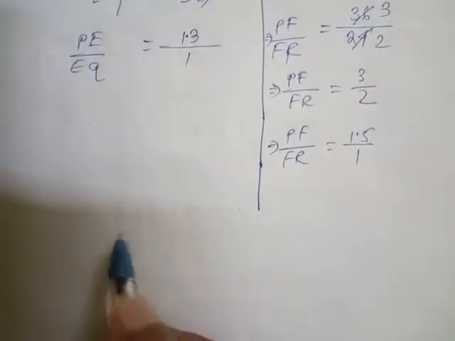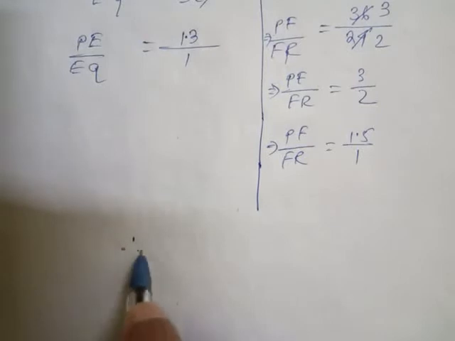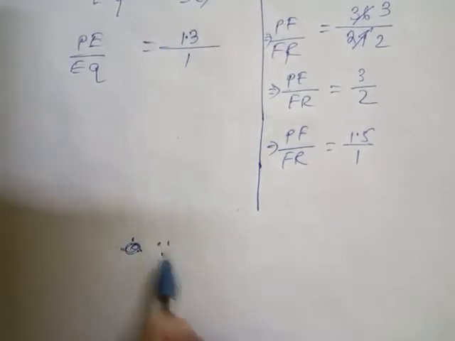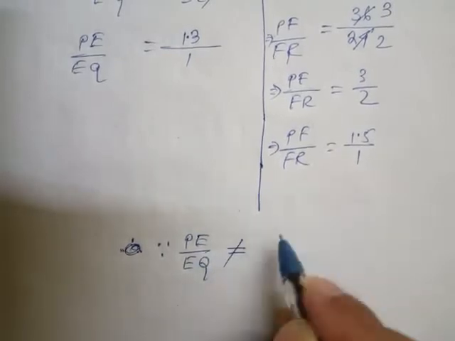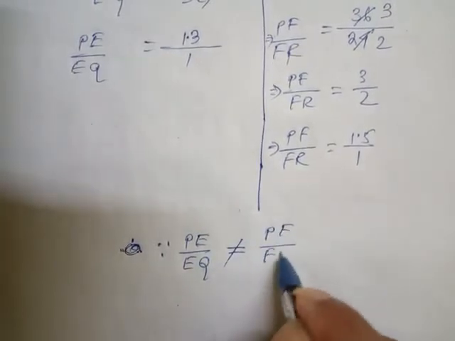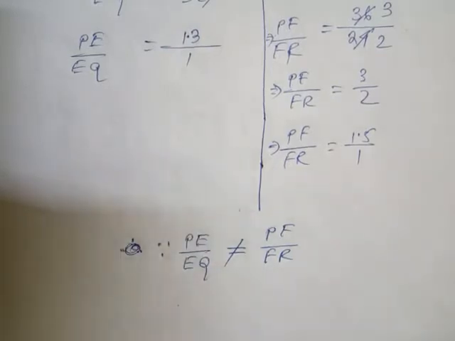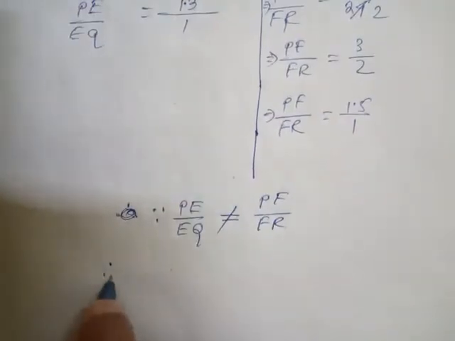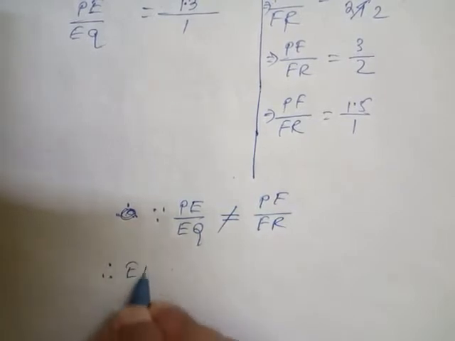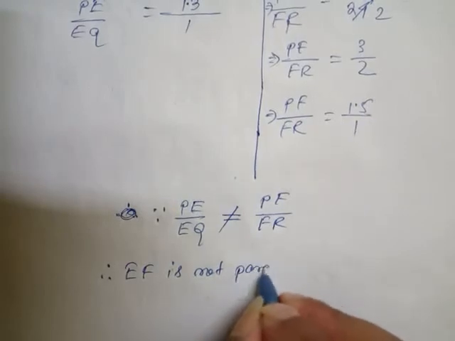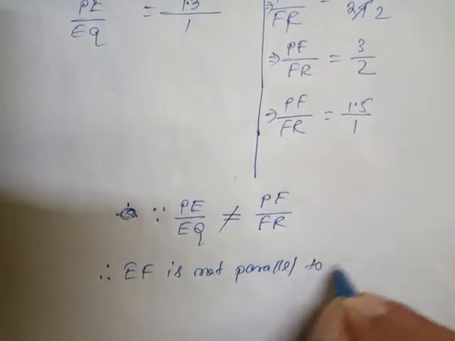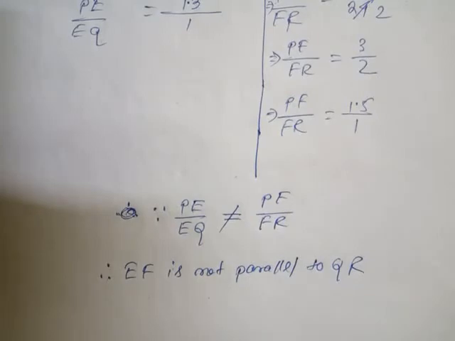So we can write the last line: since PE by EQ is not equal to PF by FR, the values are not the same. Therefore we can say that EF is not parallel to QR. This is the first one, 2 Roman 1, over.